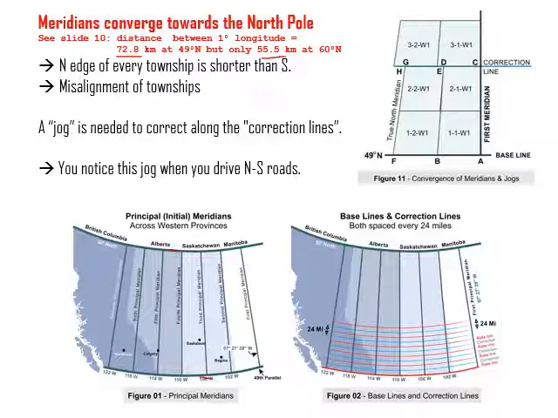There's a jog, which we call a jog. Here you can see what looks like a misalignment, but this shift towards the left is given as a correction, so that the first parcel of the township is still aligned with the edge to the particular meridian. So that's along that correction line.